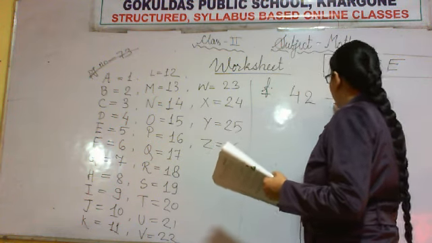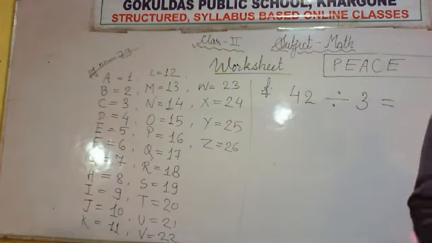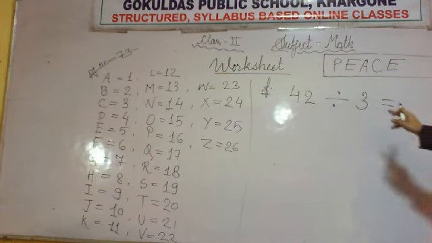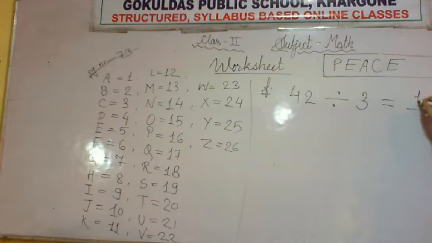42 divided by 3. So by what number we multiply 3 so that we can get 42? Yes, if we multiply 3 by 14, then we will get 42.